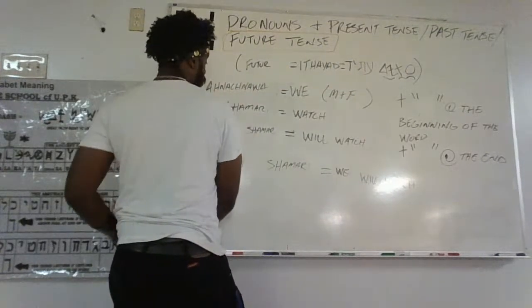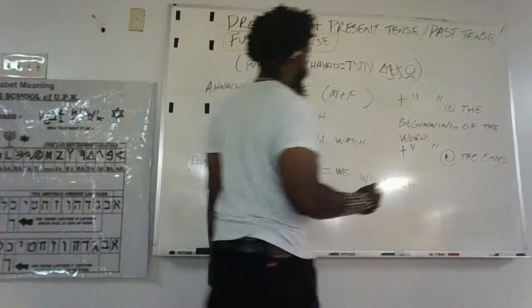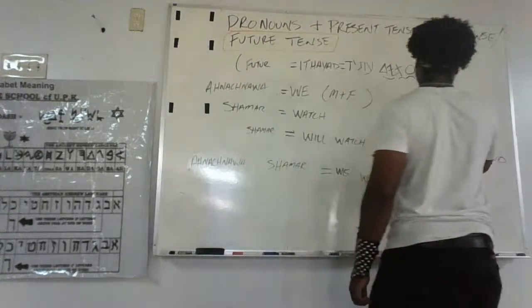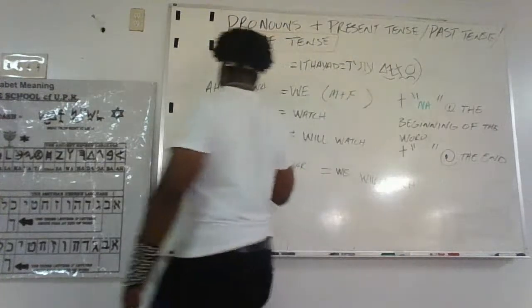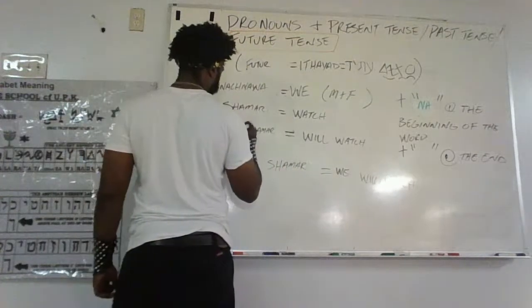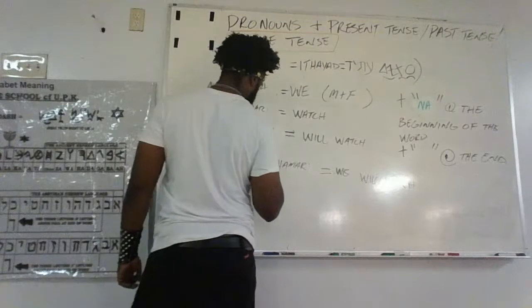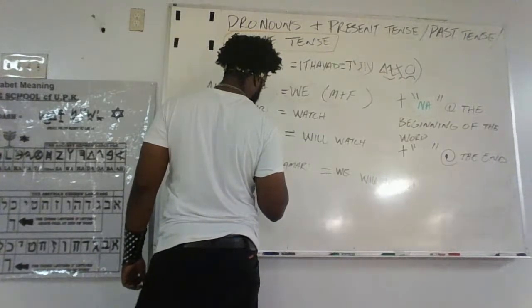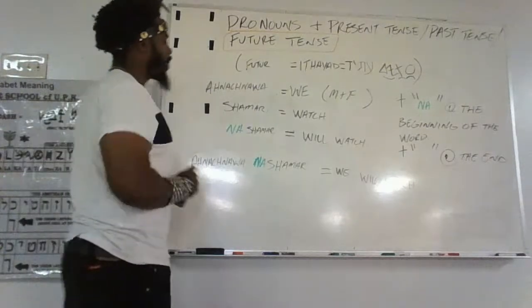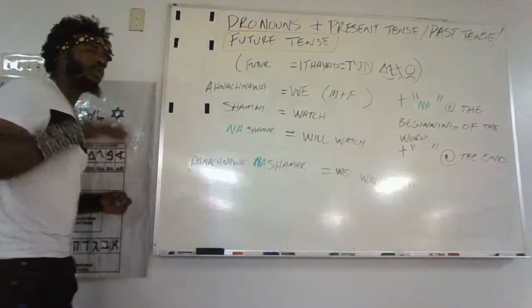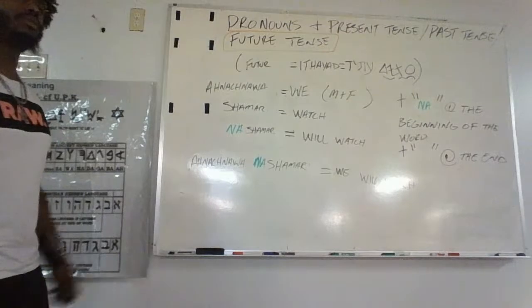So when we're dealing with we, masculine or feminine, you're going to put a na at the beginning of the word. So the sentence would be anachnu na shamar. We will watch. Okay?